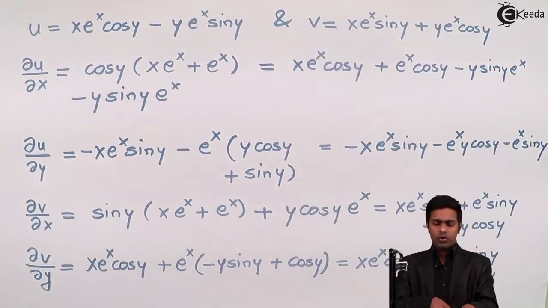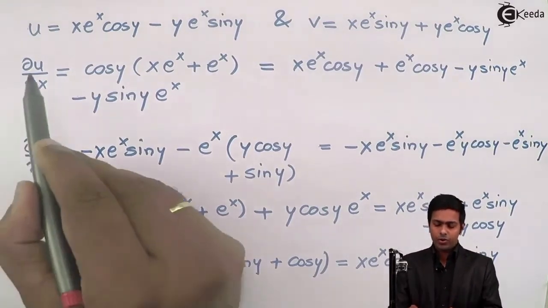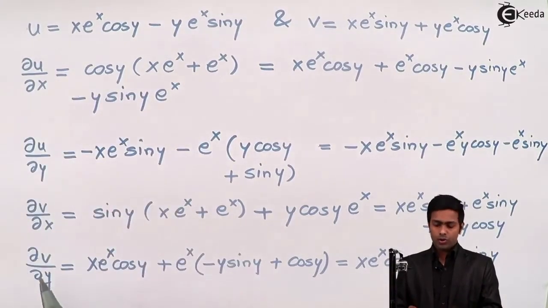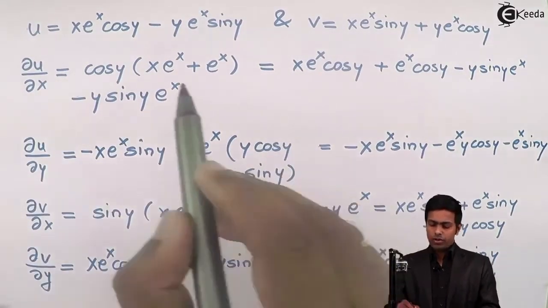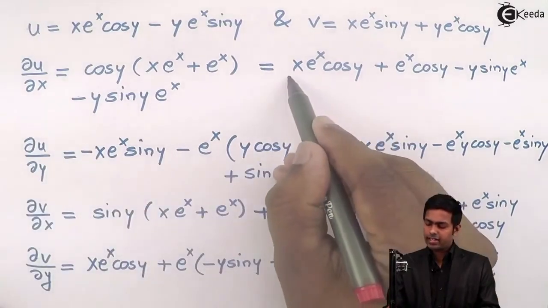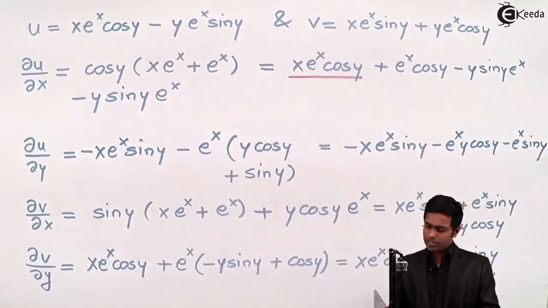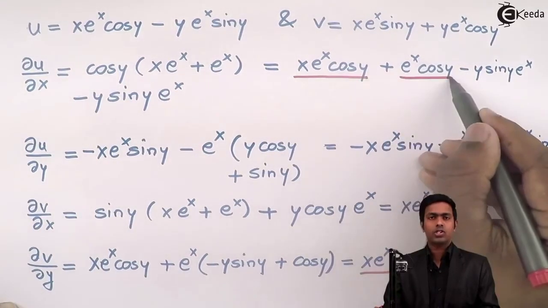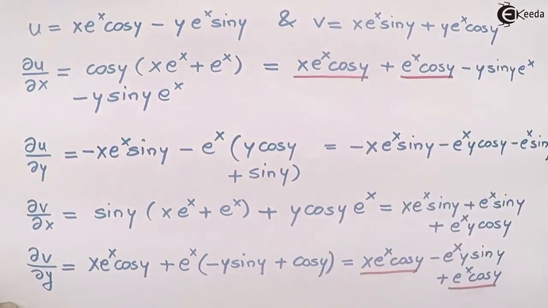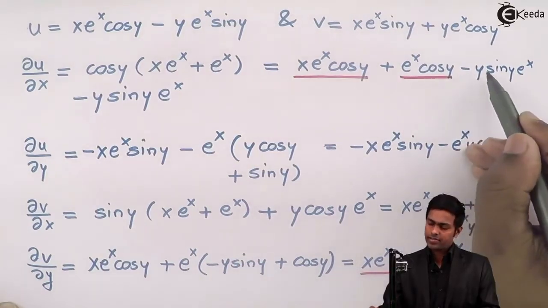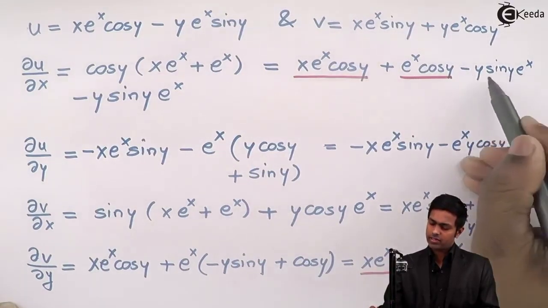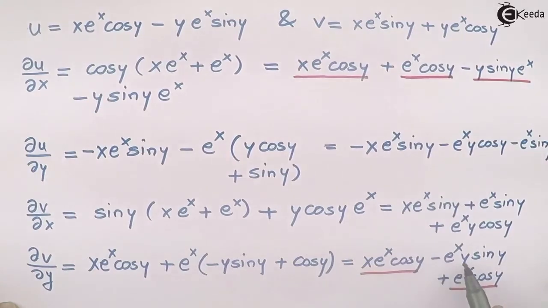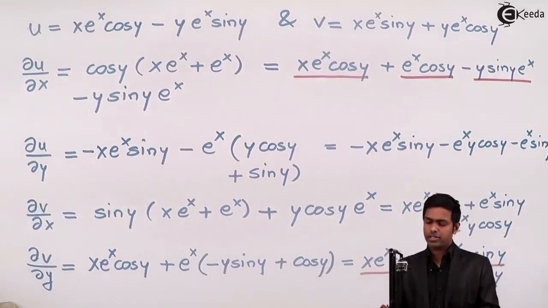Now let's observe two terms. So if you see dou u by dou x and dou v by dou y. The first term of dou u by dou x is x e raised to x cos y, which is present here, yes, as it is. Next, plus e raised to x cos y, which is also present here, and the last term is minus y sin y e raised to x, and here we have minus y sin y e raised to x, it is also present.